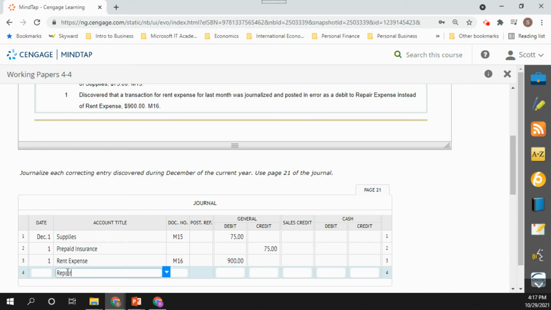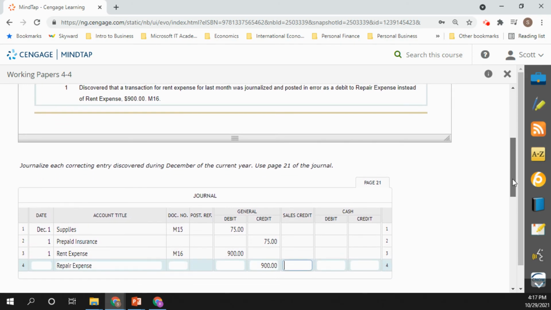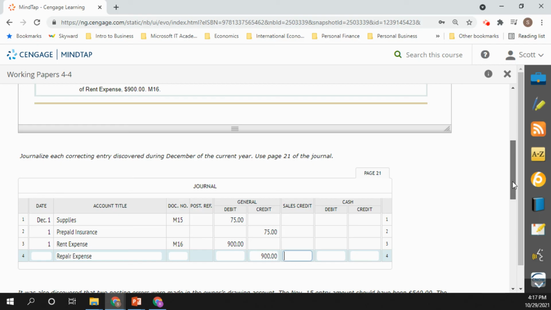We're going to back that out of repair expense. We don't have to write the document number twice when we have two different lines on our journal. How we would journalize those two correcting entries: write the date, write the amount, write the document number, just like we did in the previous chapter, put our debit amount, and then do the same thing for credit.